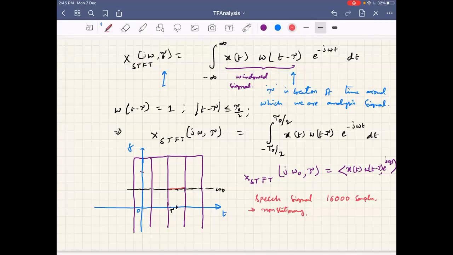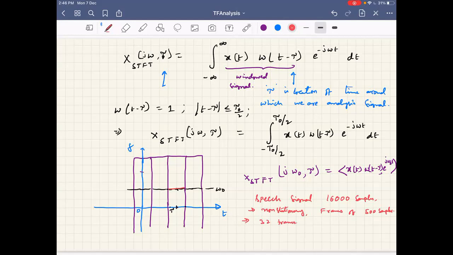So I would like to apply the short time Fourier transform. To apply this, assume that I have broken the signal into frames of say 500 sample duration. How many frames may I get? If I break this into 500 sample durations, I get 32 frames.